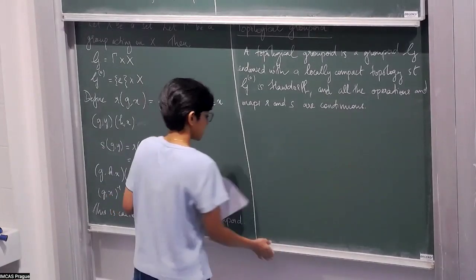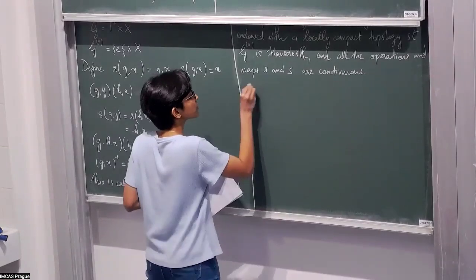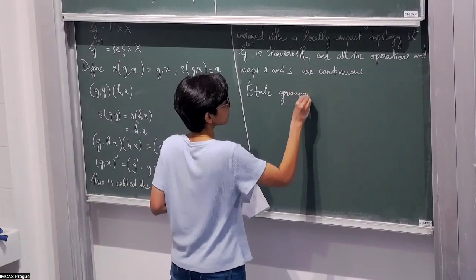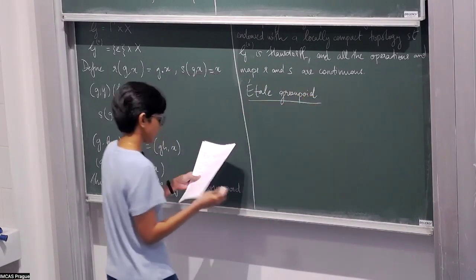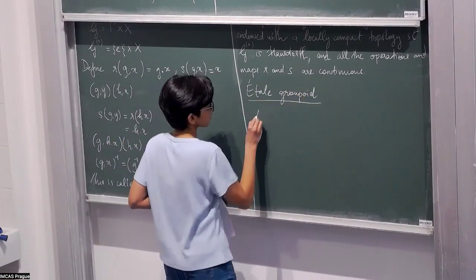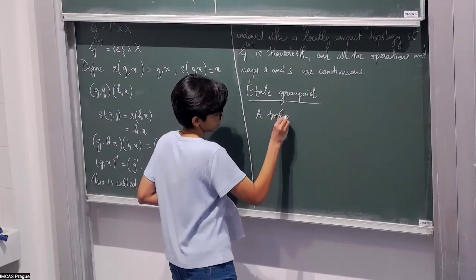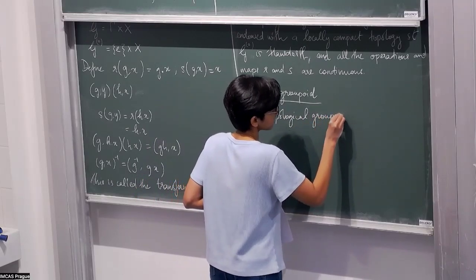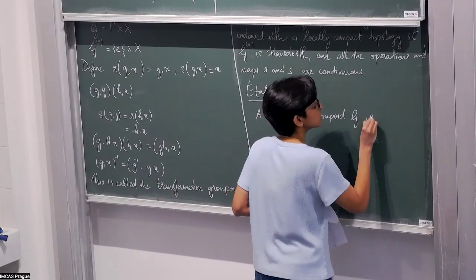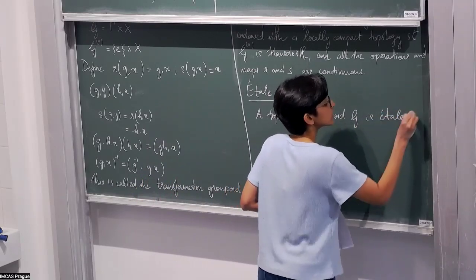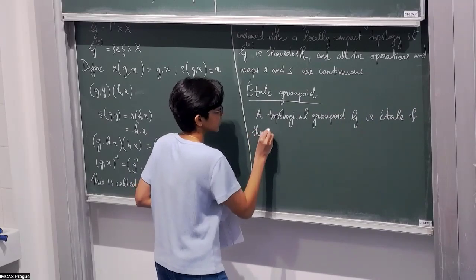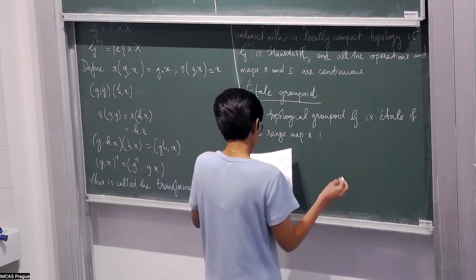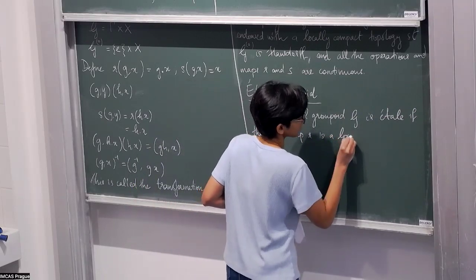Okay, and now let's define what an étale groupoid is. A topological groupoid G is étale if the range map R is a local homeomorphism.